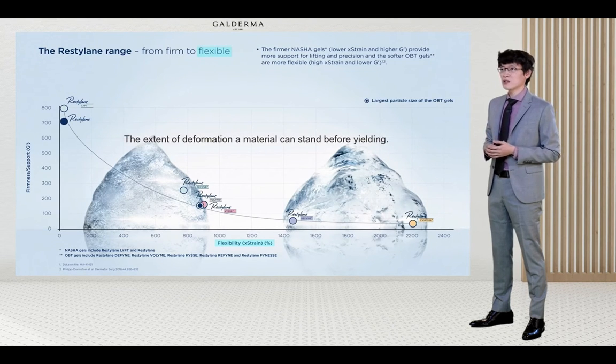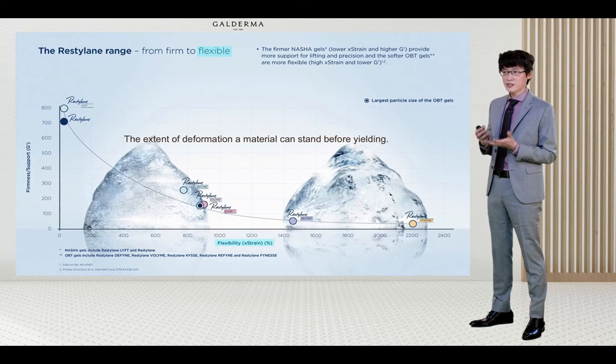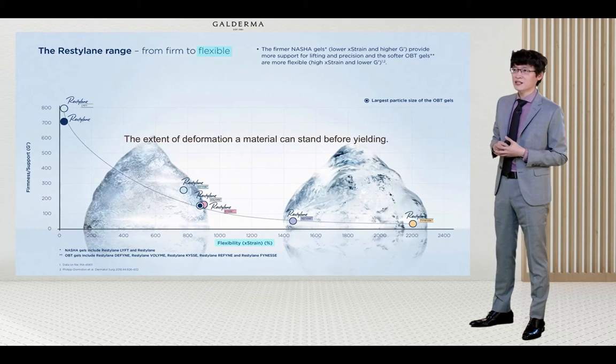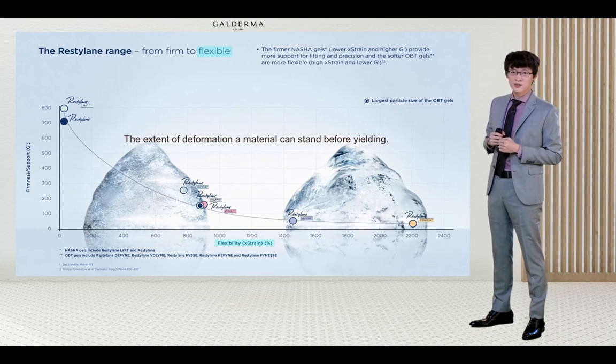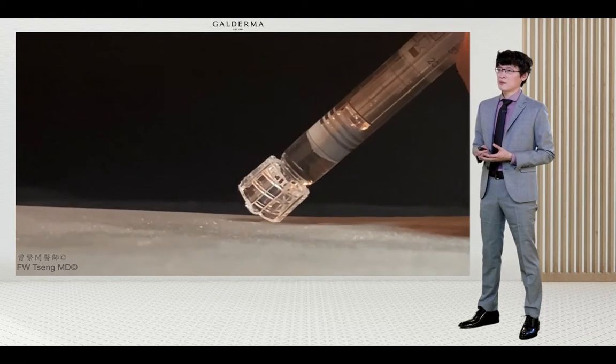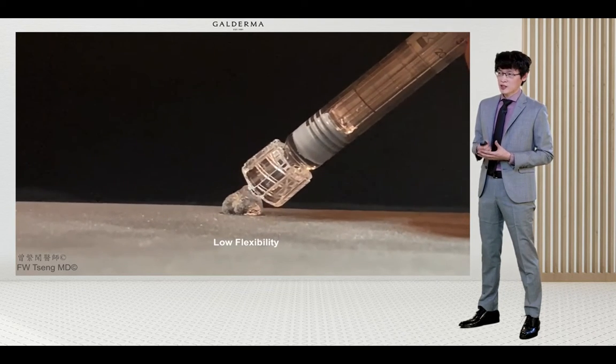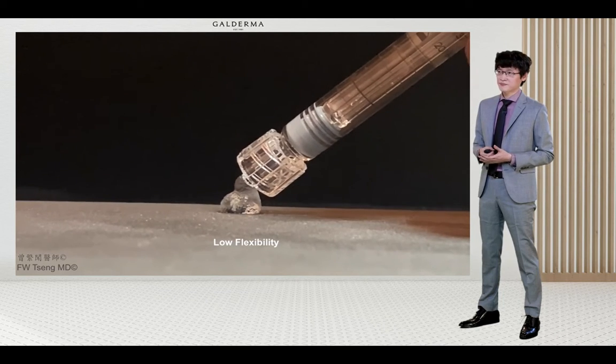The definition of flexibility is the extent of deformation a material can stand before yielding. To put it more simply, it means when you stretch a gel, how difficult it is to break the gel apart. So now I'm expressing a bolus of product on the table, which is low in flexibility.